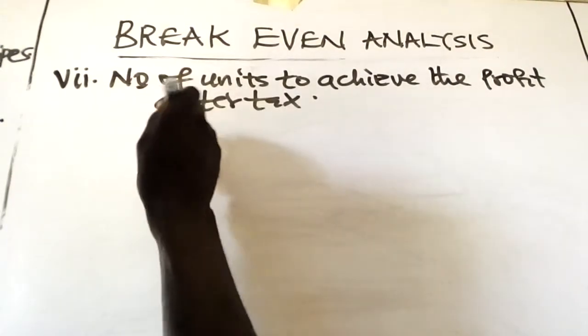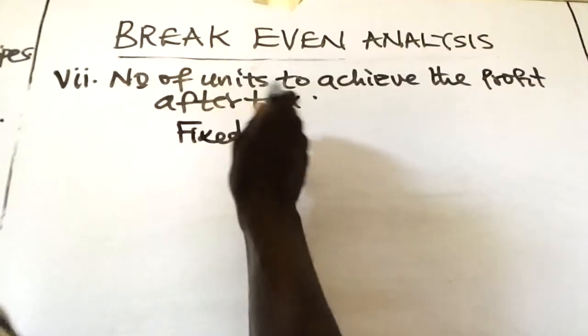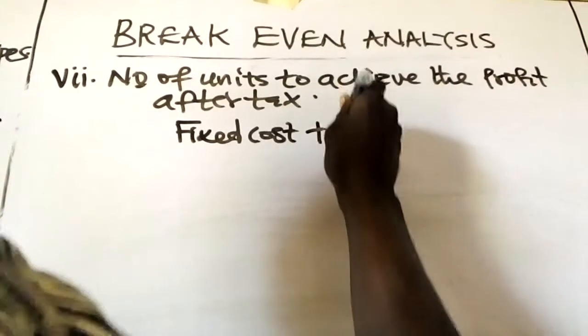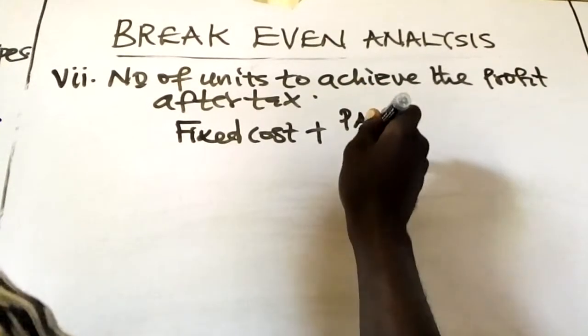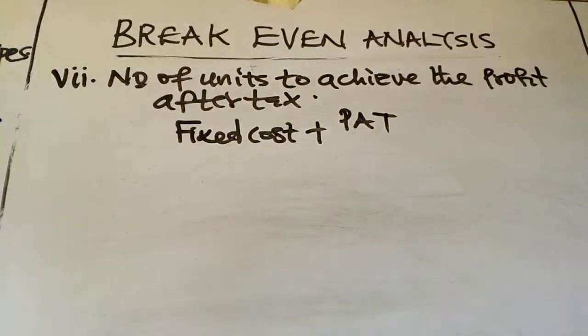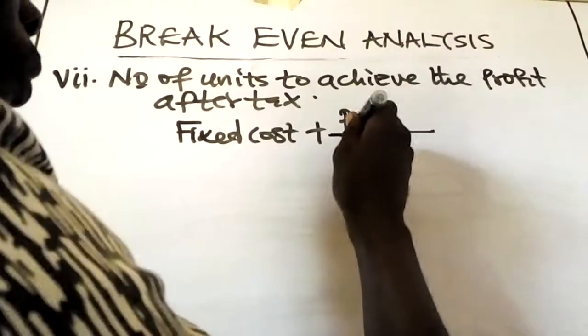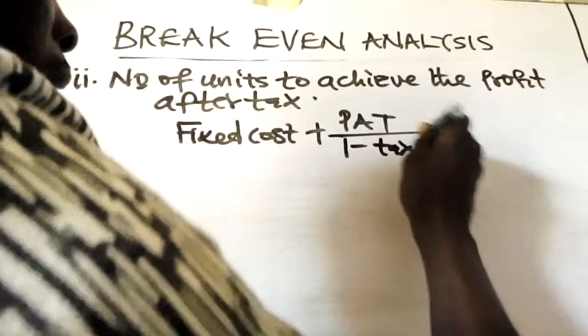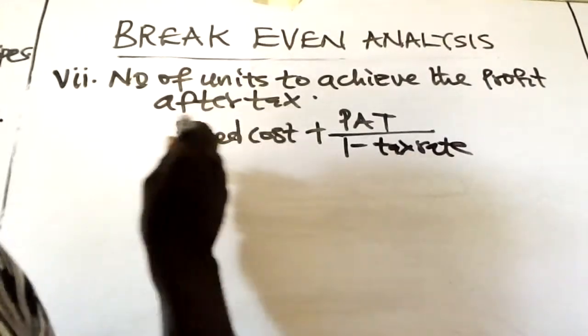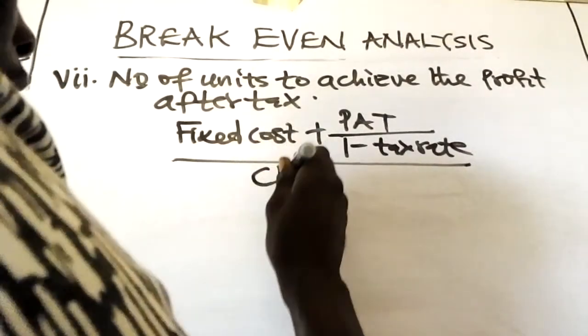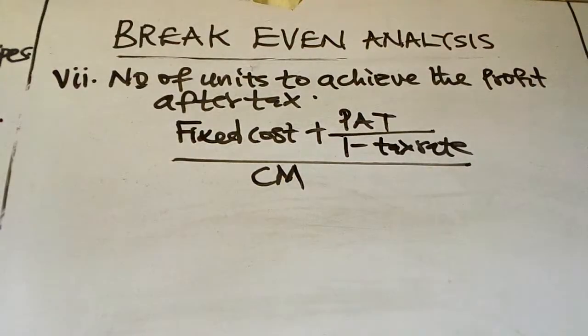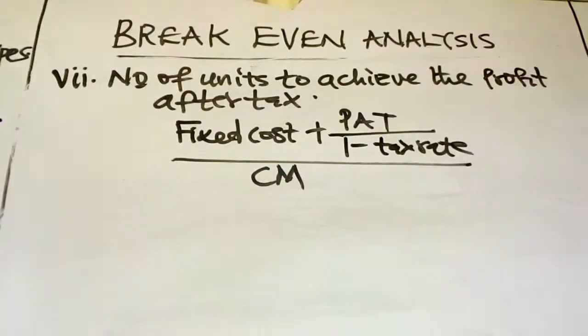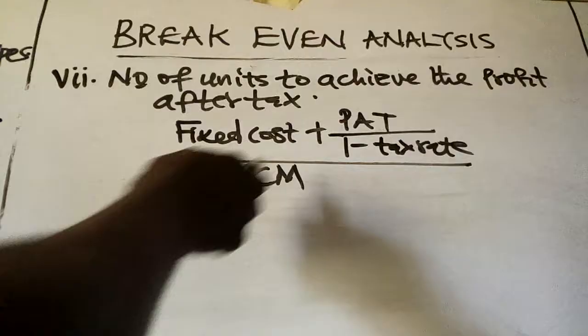The formula will become fixed cost plus profit after tax, PAT meaning profit after tax, over 1 minus tax rate, all over CM, which is contribution margin. Since it is units you want to determine, that is why the denominator will be CM.